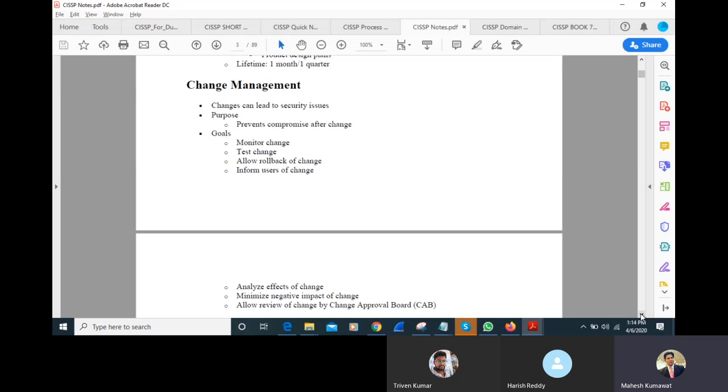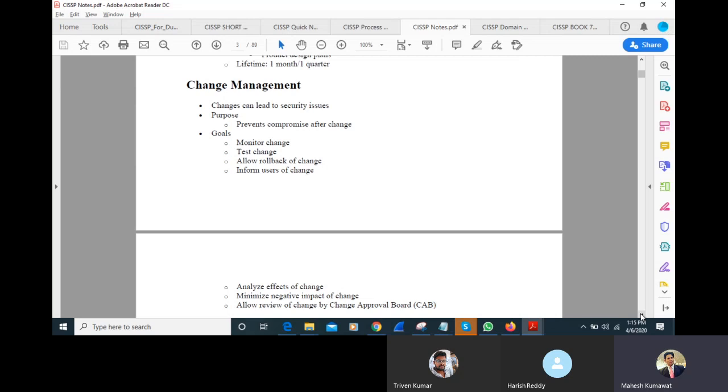So what type of change management process needs to be followed in organizations? The change manager is one of them. Change management suggests that for any changes in the organization, suppose you're working in a software-based company and there are lots of changes in the software, we need to follow the change management process for any changes in production.